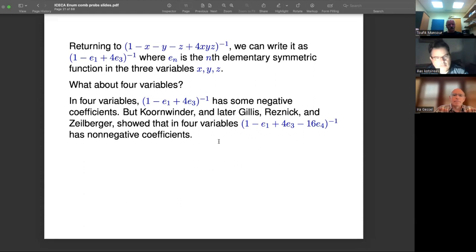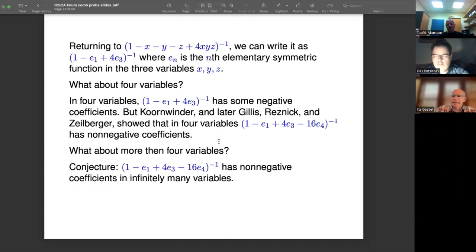So what about more than 4 variables? Well, you might think maybe we can put in some correction terms, like some coefficient of e5 and some coefficient of e6, that will give us non-negative coefficients in more variables.